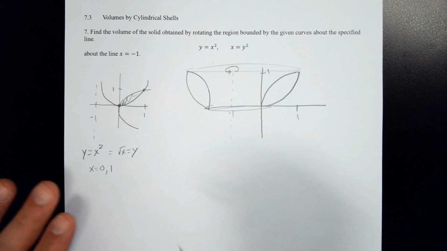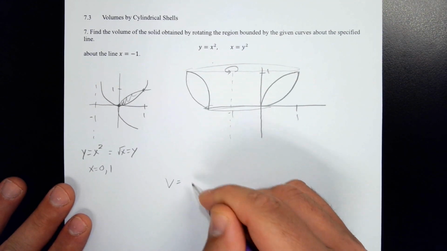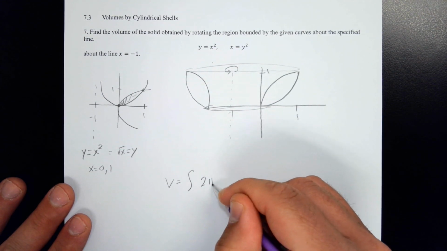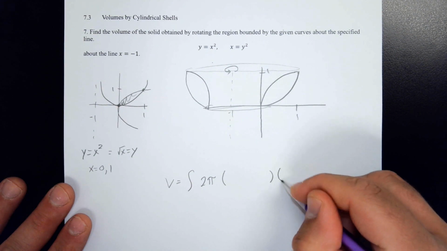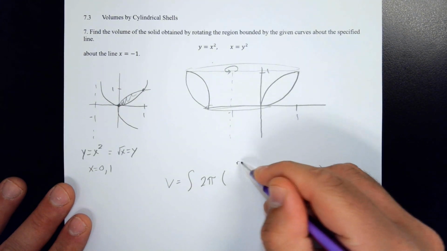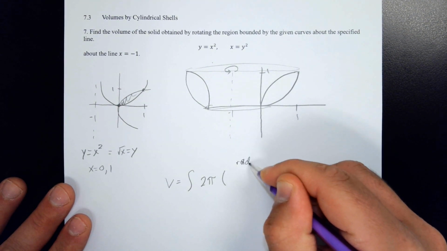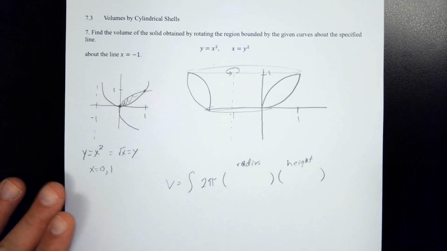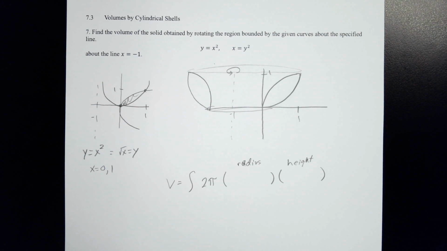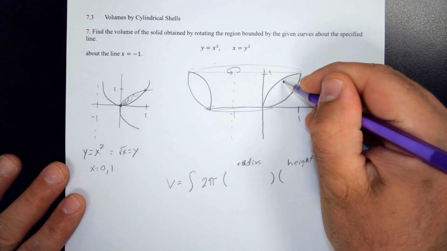The shell method says the volume is the integral of 2 pi radius times the height, dx or dy. Okay, so I've got to figure out which it is, dx or dy. So let me draw one of these cylindrical shells.